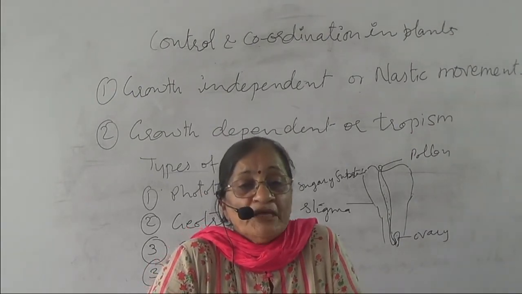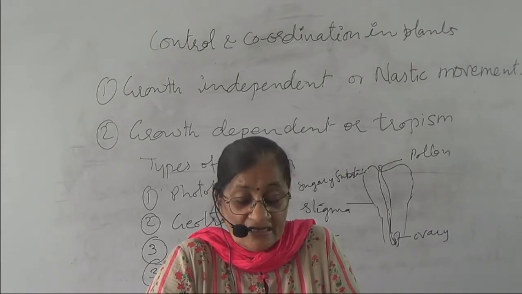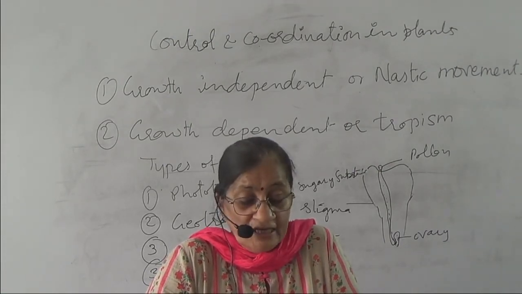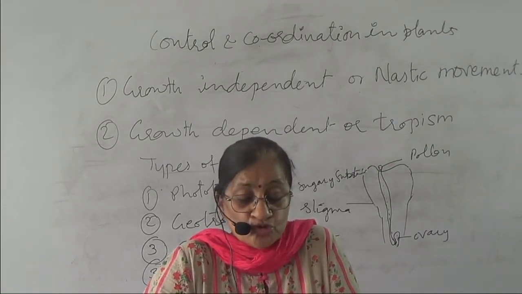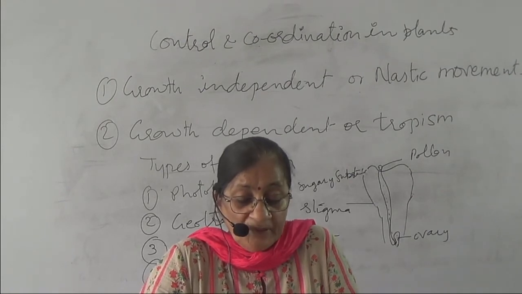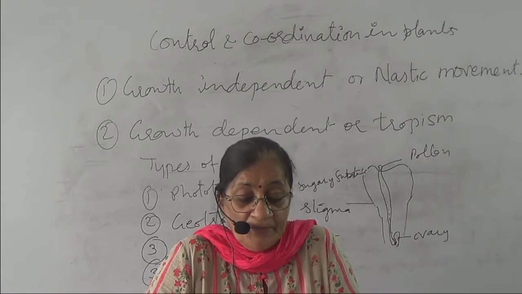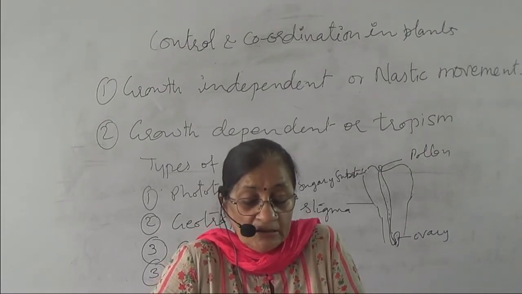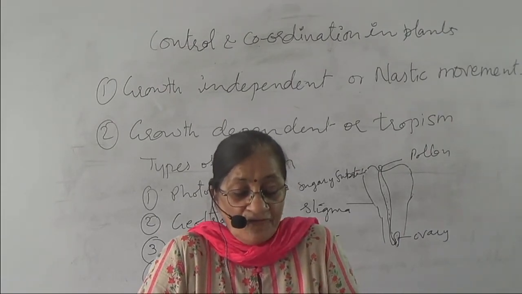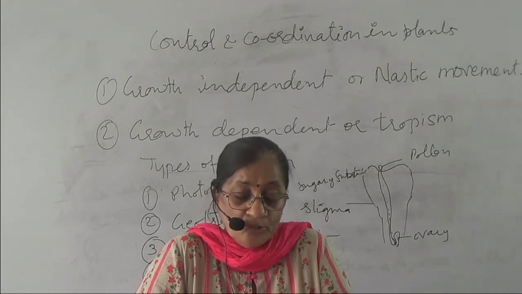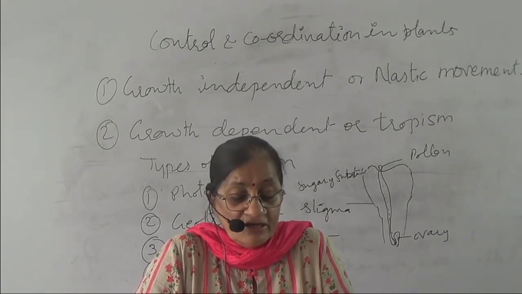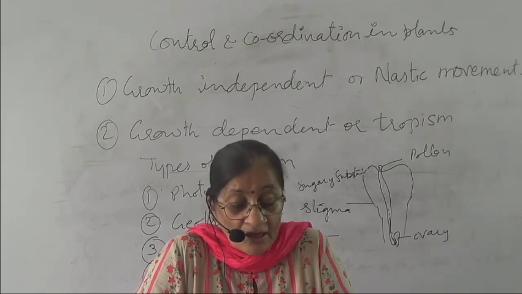You know, pea plant has weak stems, so they needs support to climb up. The pea plant for this develop tendrils which help it to climb up other plants or fence or some other support. These tendrils are sensitive to touch.